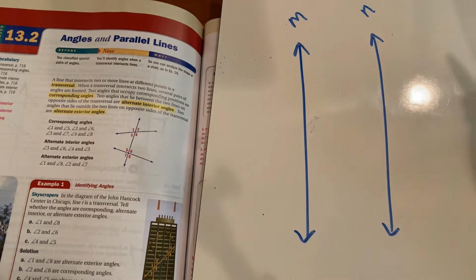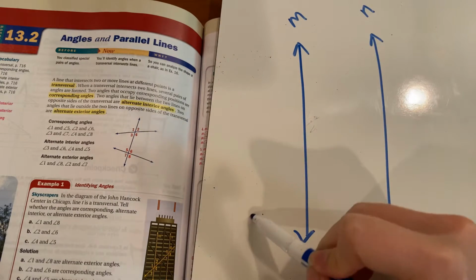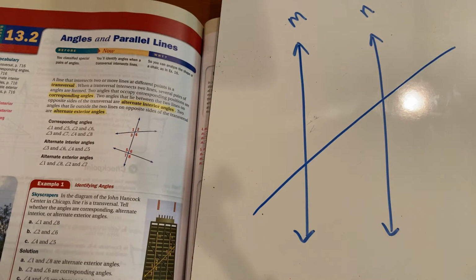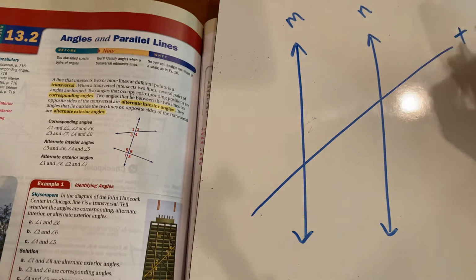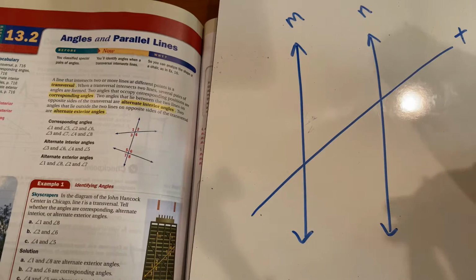So it's just two beautiful, easy lines, no angles. Then all of a sudden, this line comes, and it becomes our transversal. And it's going to mess it up by giving us all of these internal and external angles.